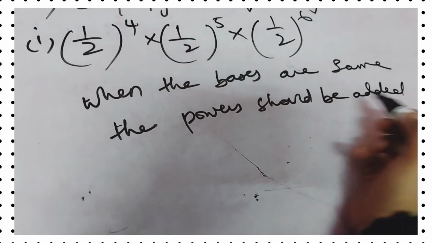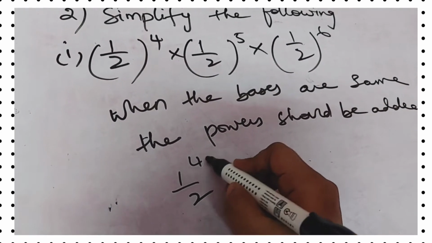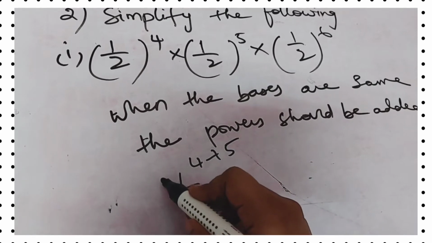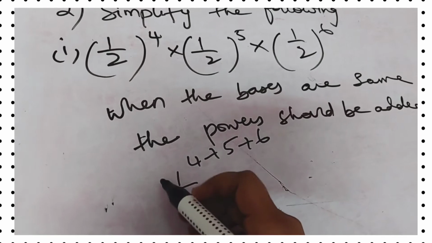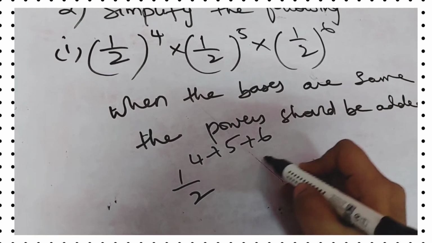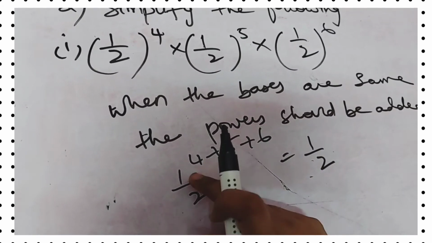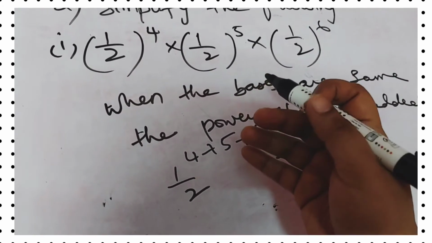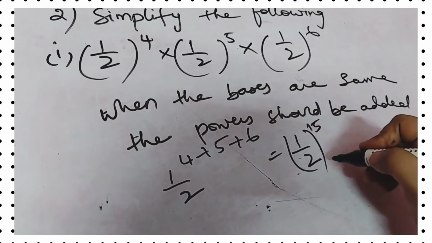So added means 1/2, 4 plus 5 plus 6. So the answer is here 1/2, and 5, 6, 7, 8, 9, 10, 11, 12, 13, 14, 15. So the answer is (1/2) to the power of 15.